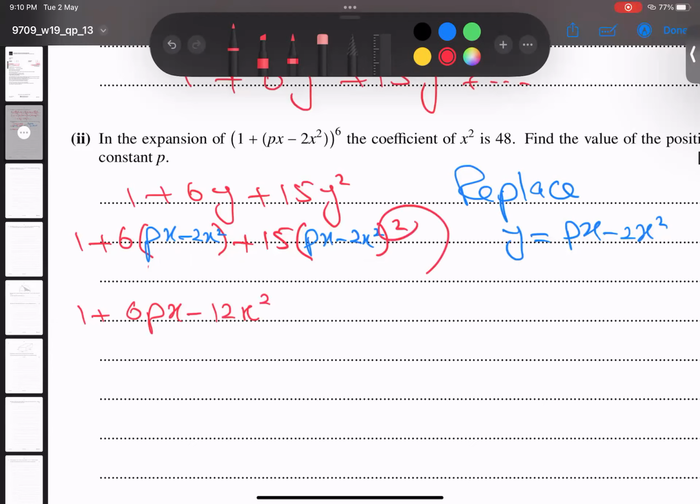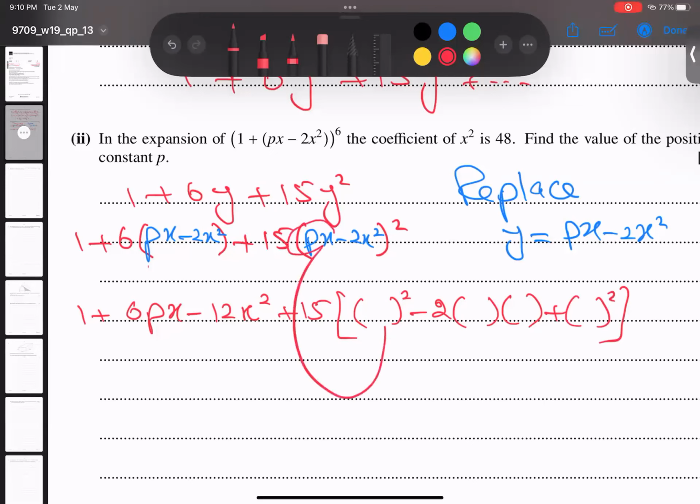But here I have to expand using the squaring identity. So write first term square, negative 2 into first term, second term, plus second term square. So px will come in the first two brackets and 2x square comes in the next two brackets.